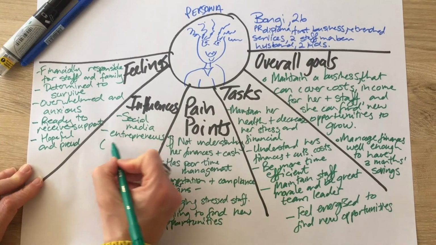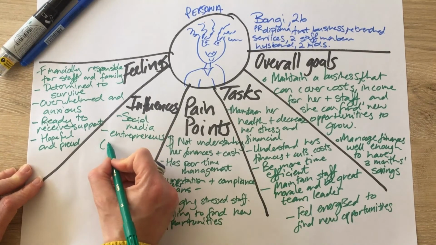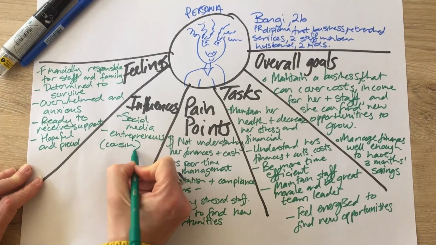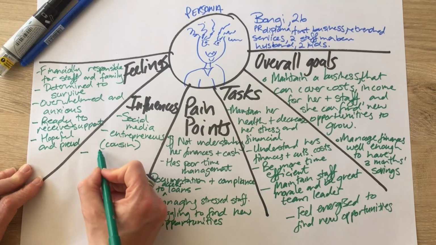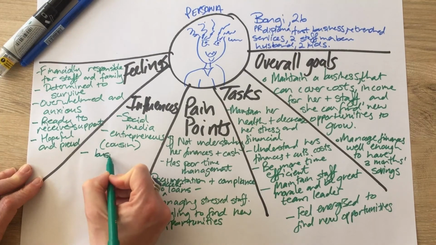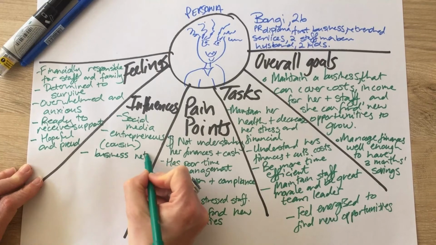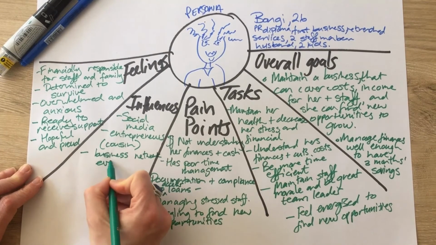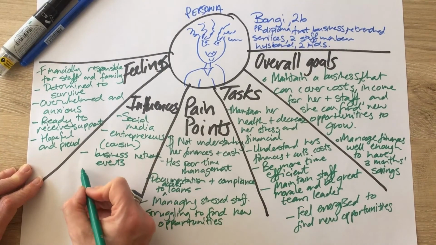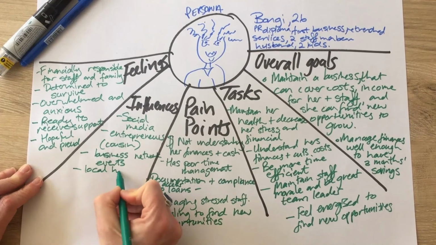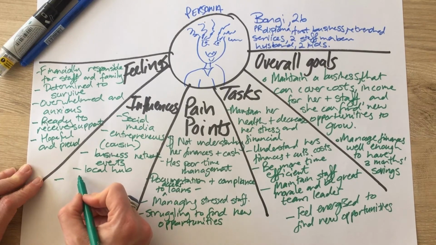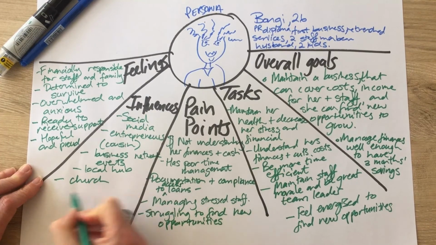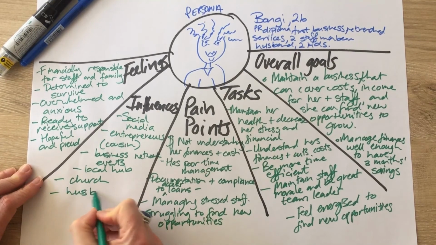And specifically, she's got a cousin, an older cousin, who's running a successful business and she looks up to. She's also influenced by her local business network events, which unfortunately haven't been running during COVID, and her local hub, where she received some training a while back, and that was very helpful to her. And on a more personal note, she is influenced by the church and by her husband, of course.